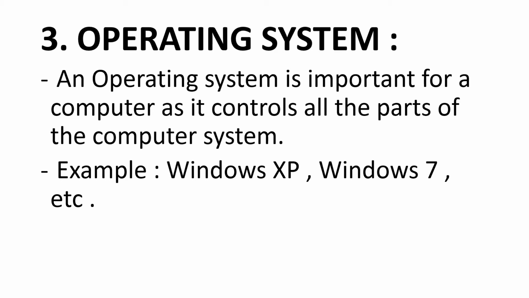It makes sure that each part is performing well and also giving the desired results. Fine. For example, Windows XP, Windows 7, Windows 8, Windows 10, which is currently used, are examples of operating systems.